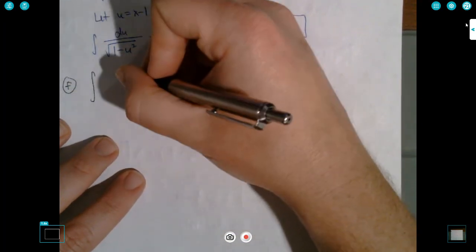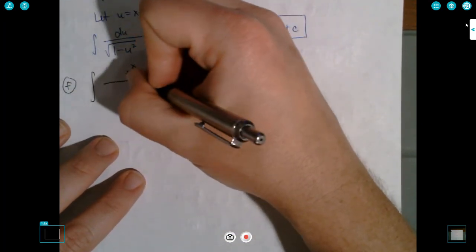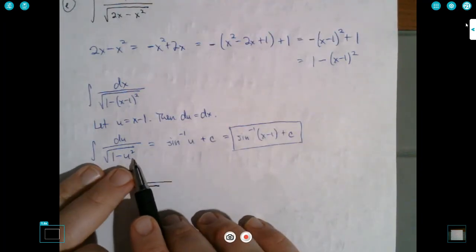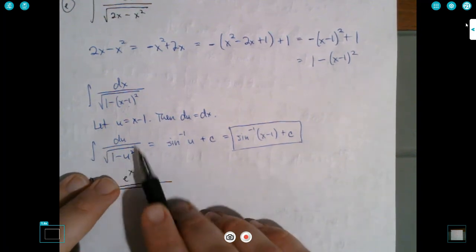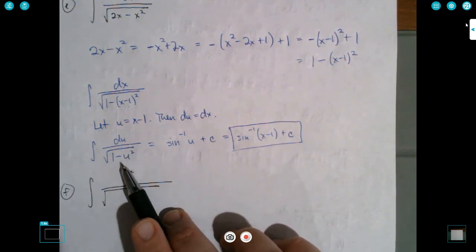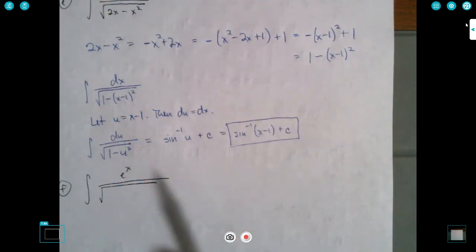We'll see. Going back here, hopefully the idea is clear that if at this point you had ended up with something that you still couldn't integrate, but you had this kind of format where you could do a trig substitution, then you can do a trig substitution at that point.